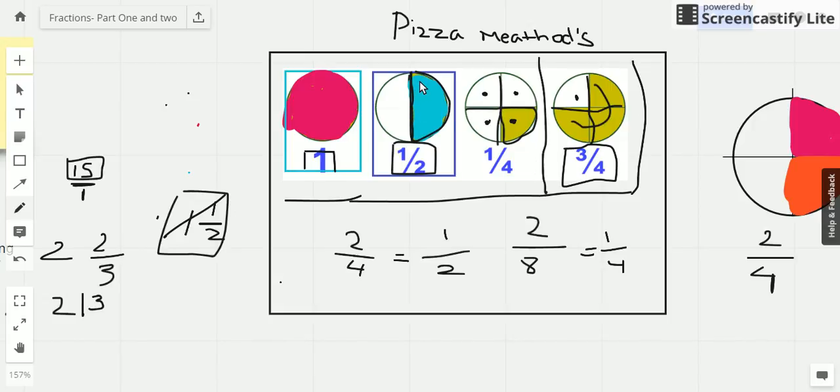Or let's say you and your sister or brother are having a half, and your parents are having another half while they are at work. Just realize that it's not one and one half, it's just a half.